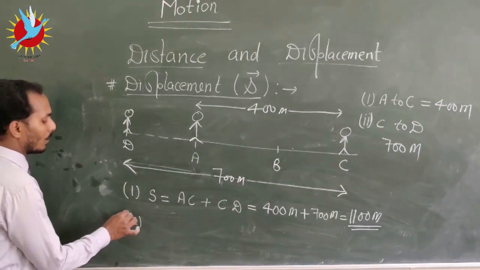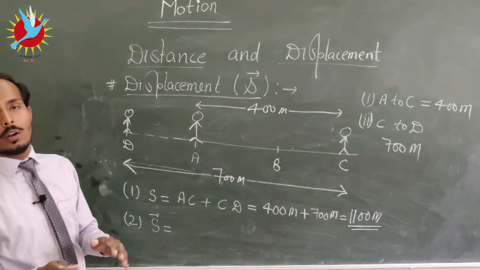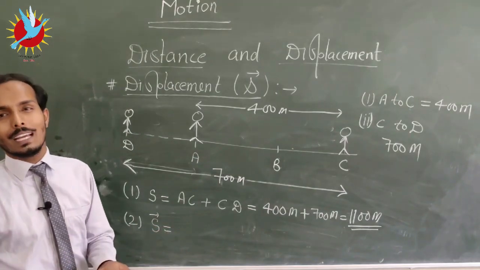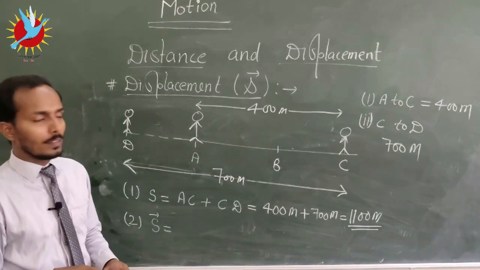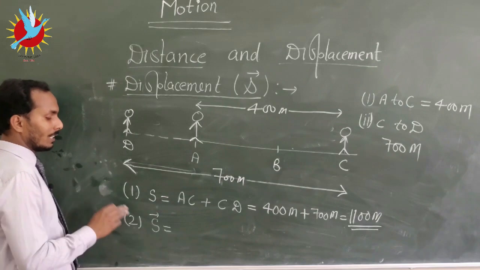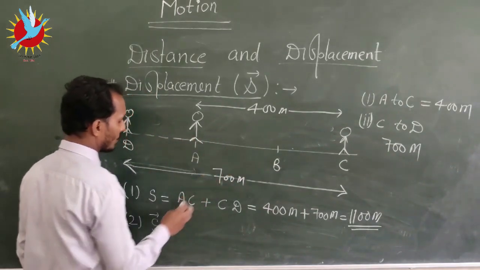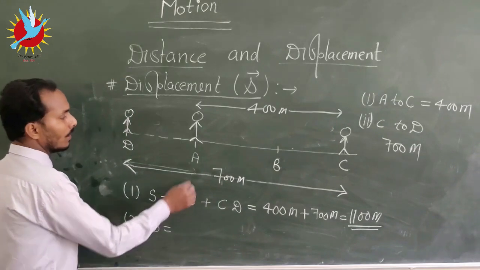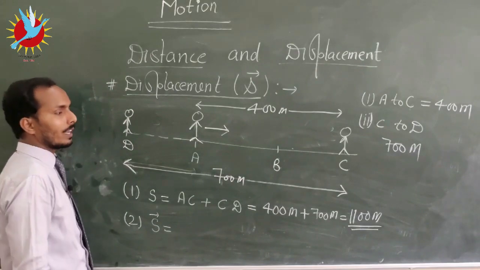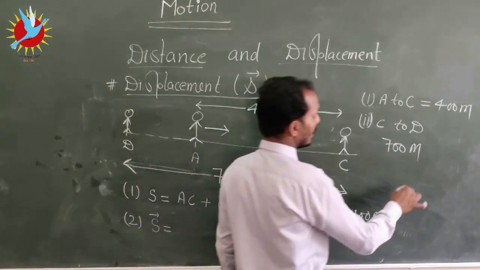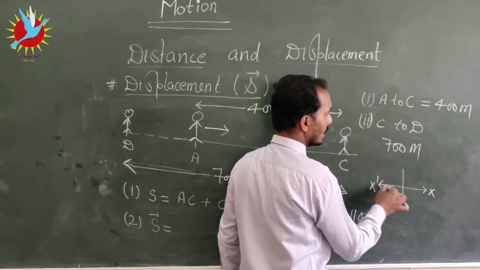Then how do you calculate the displacement? Now I'm telling you how you can get the displacement. Listen carefully. In geometry you know that there is an x-axis and x dash.